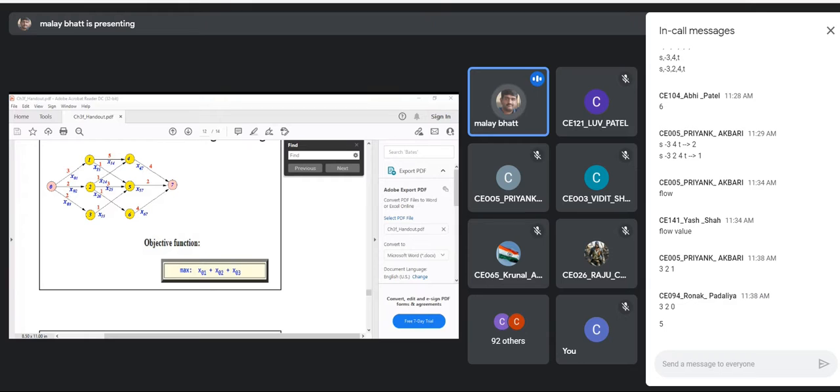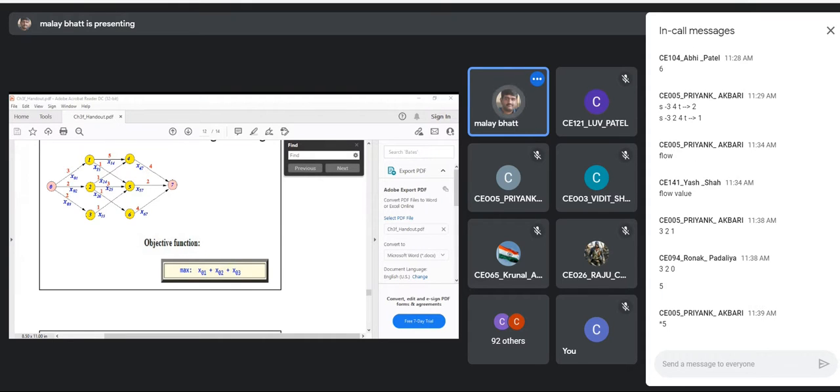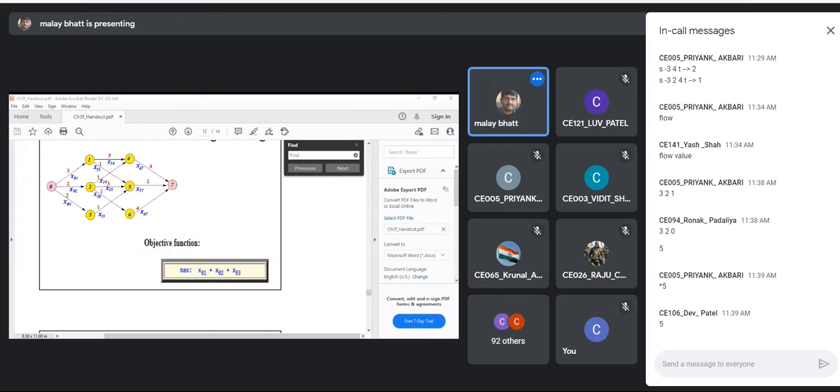Definitely it will not be 7. If I say it is 6, then those who are getting 6, they can mention how, which path you have to consider.